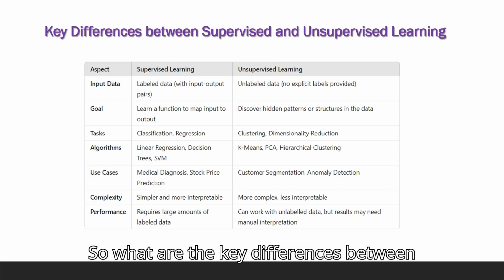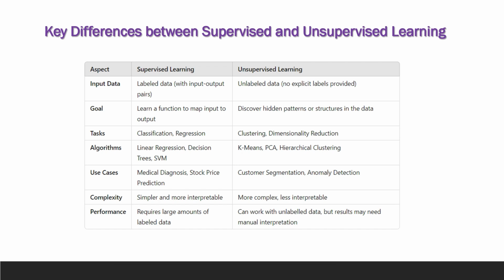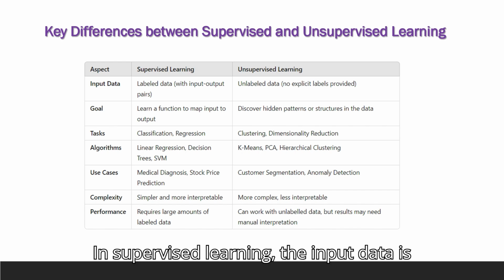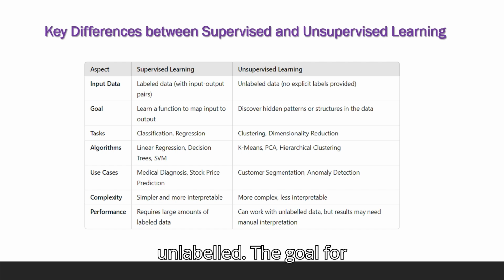So, what are the key differences between supervised and unsupervised learning? In supervised learning, the input data is labeled, whereas for unsupervised, it is unlabeled. The goal for supervised learning is to learn a function to map input to output, whereas for unsupervised, it is to discover hidden patterns or structures in the data.